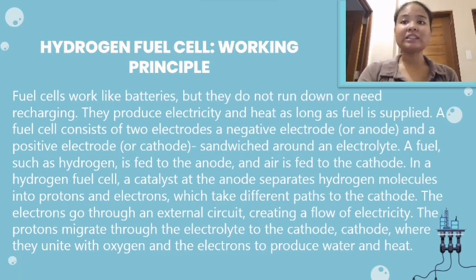Then, sabi rin dito, nakalagay sa huli, yung protons, nagmamigrate daw siya papunta sa electrolyte. So, from electrolyte, mapupunta naman siya sa cathode. So, dito naman nag-unite or nagsasama ng electrons and the oxygen molecules to produce water and heat.